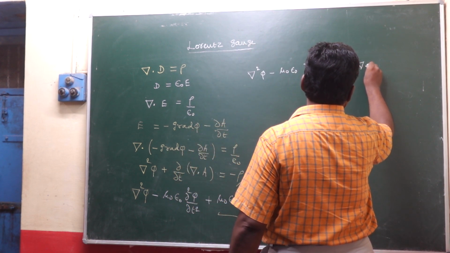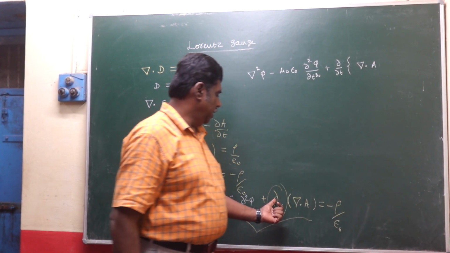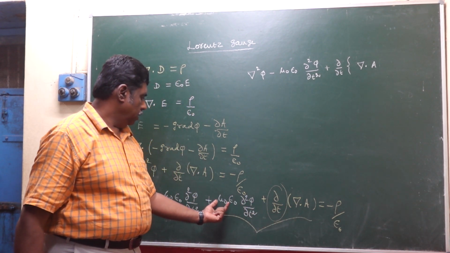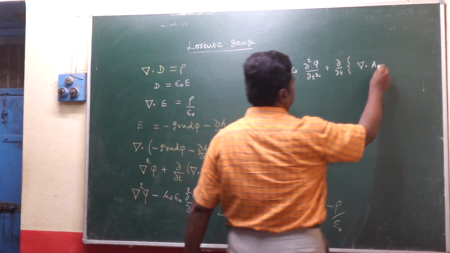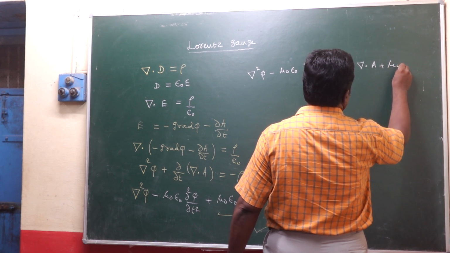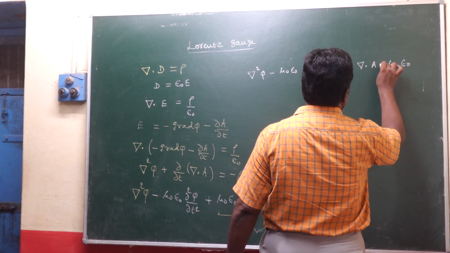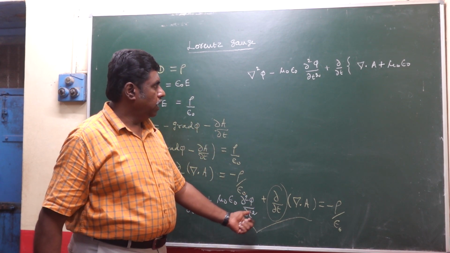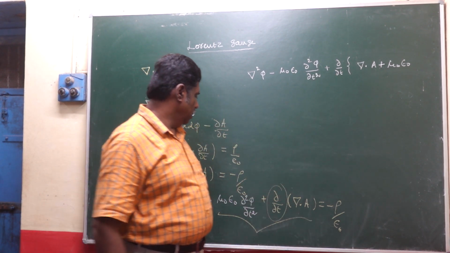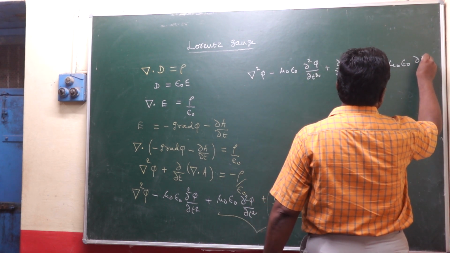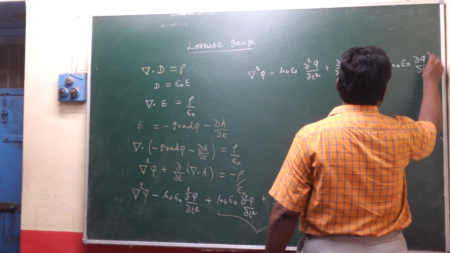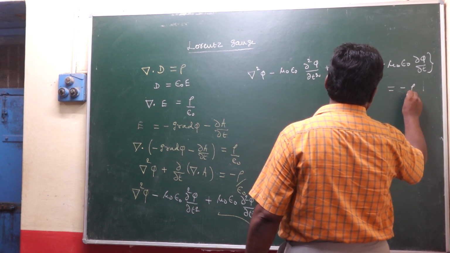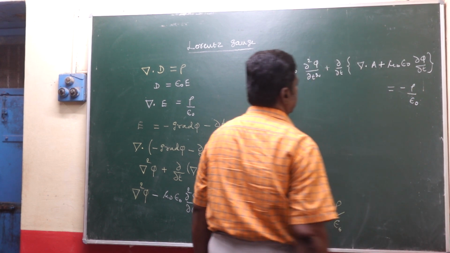Del dot A, already we have taken out this dou by dou t, so del dot A is present. Here mu naught epsilon naught dou square phi by dou t square is present. Already we have taken out one dou by dou t, and the rest of the term is dou phi by dou t, which is equal to minus rho by epsilon naught.